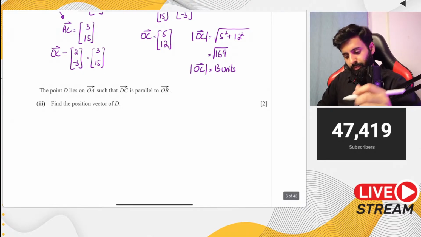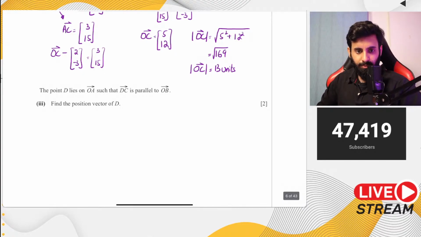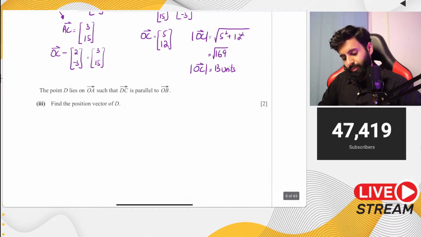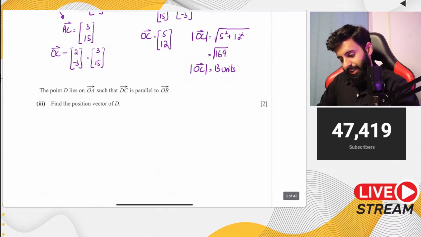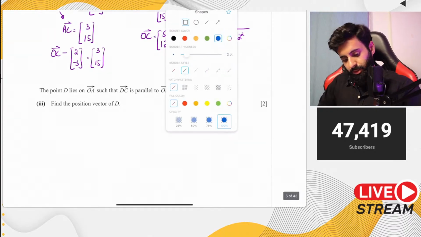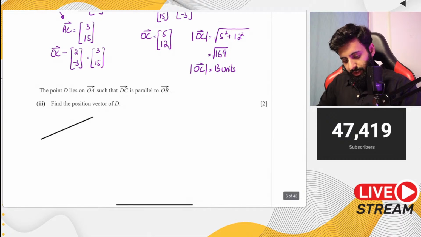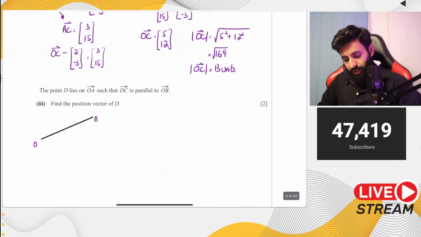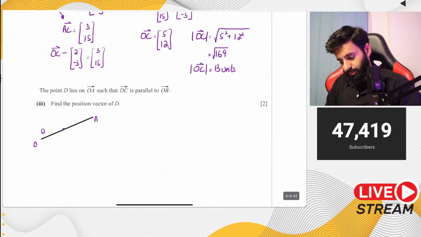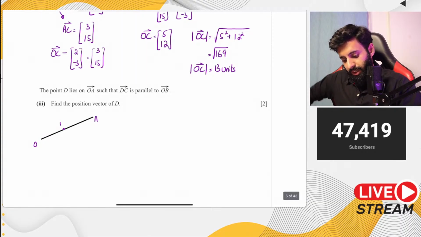Okay. Now, here's how this works. I'm solving this. The question says that the point D lies on OA. So if this is vector OA, point D lies somewhere over here.